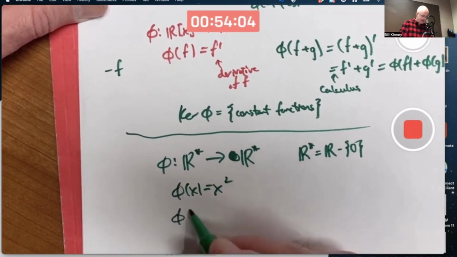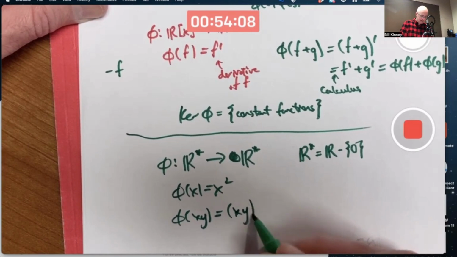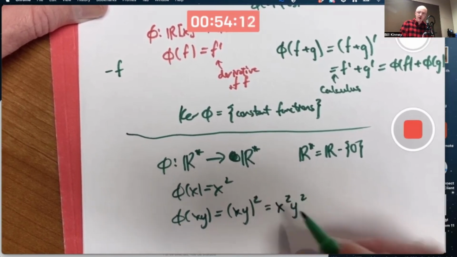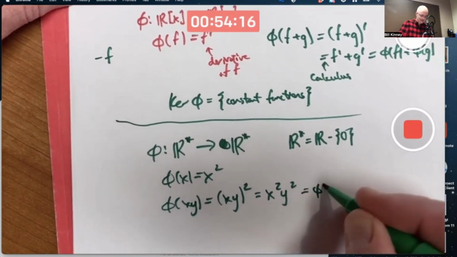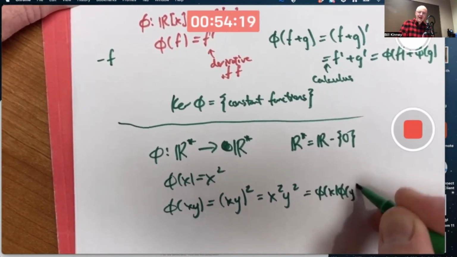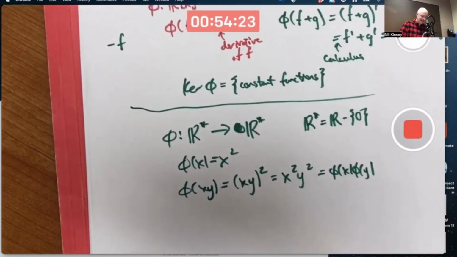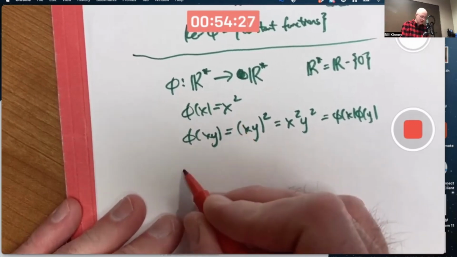Why? Because it's operation preserving. XY quantity squared is x squared times y squared. R star is abelian. But that's phi of x times phi of y. In fact, more generally, we can get even more general here, not just with the formula, but also with the group.